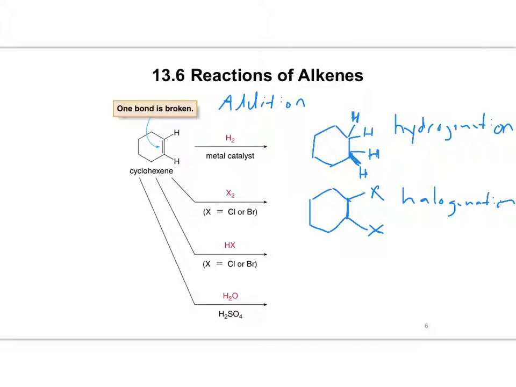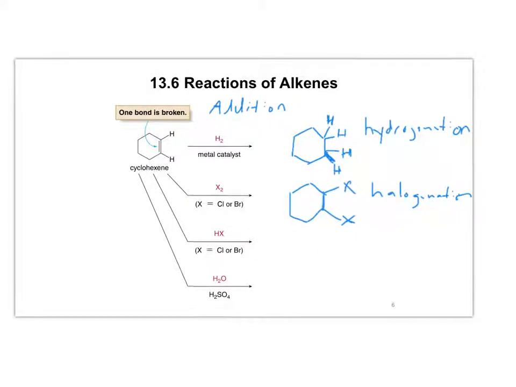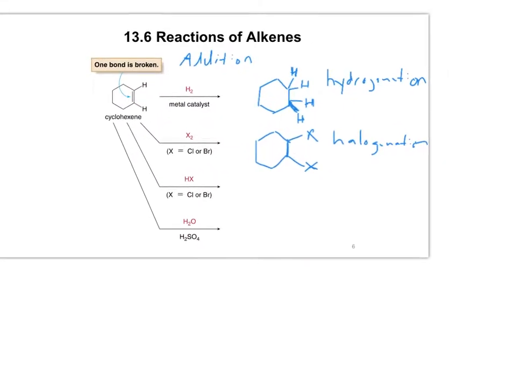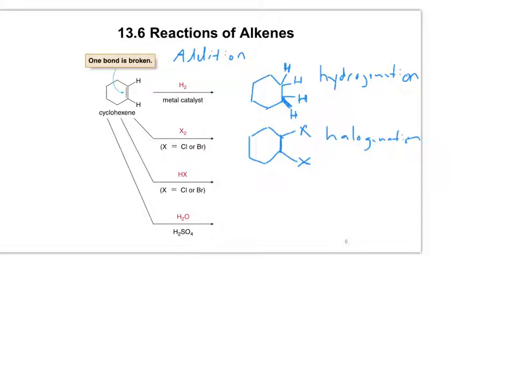And these are called, collectively, symmetric additions, because you're adding the same group to each side. The next couple are asymmetric additions.